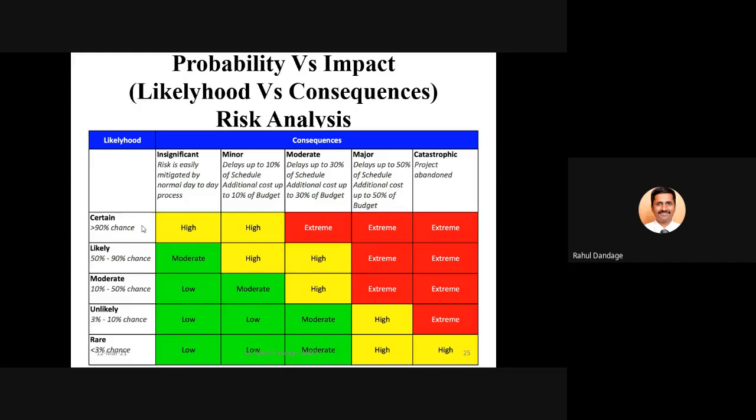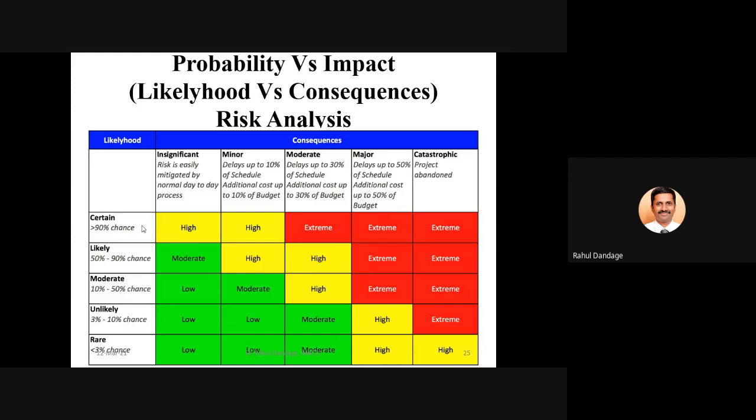Similarly, when we go for consequences, that is nothing but the impact. Insignificant risk is easily mitigated by normal day-to-day processes, so we can manage and respond to that particular risk easily. When we go for minor impact, a delay up to 10% in your schedule, or maybe 10% additional cost in your budget, may be the effect of this minor risk.